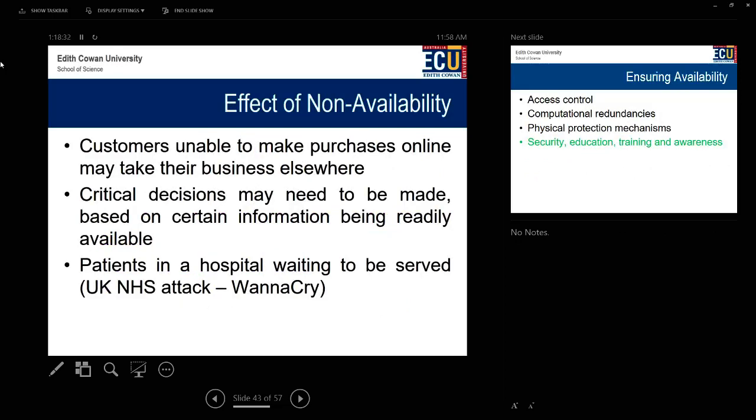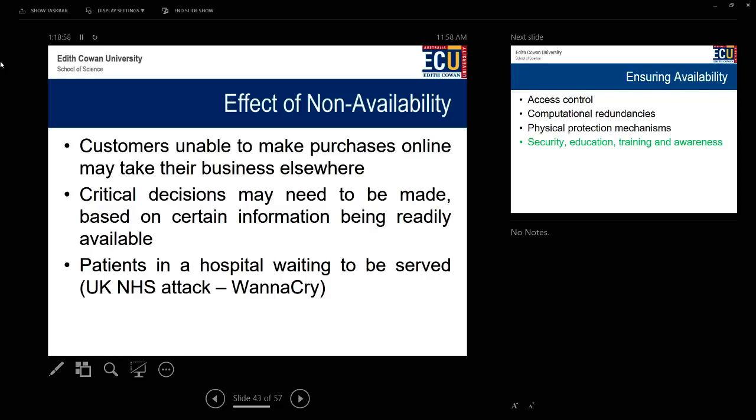The effects of non-availability, I'll just discuss this example. You must have heard this word, WannaCry, July 2017. As an effect of this ransomware attack, which is a type of malware, the UK's National Health Services system was unavailable for quite some time.